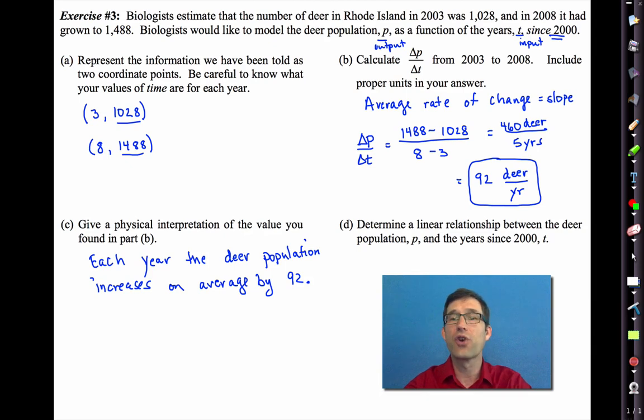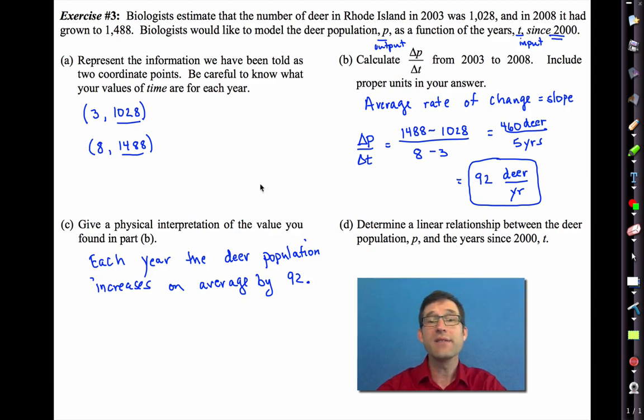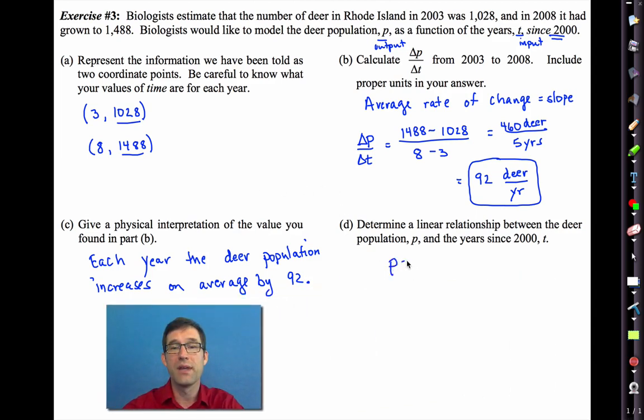Finally, it asks us to determine a linear relationship between the deer population and the years since 2000. Now, the nice thing is, here we're doing P equals MT plus B, right? Y equals MX plus B, except instead of Y we have P and instead of X we have T. We already know the M, so we can start right here.